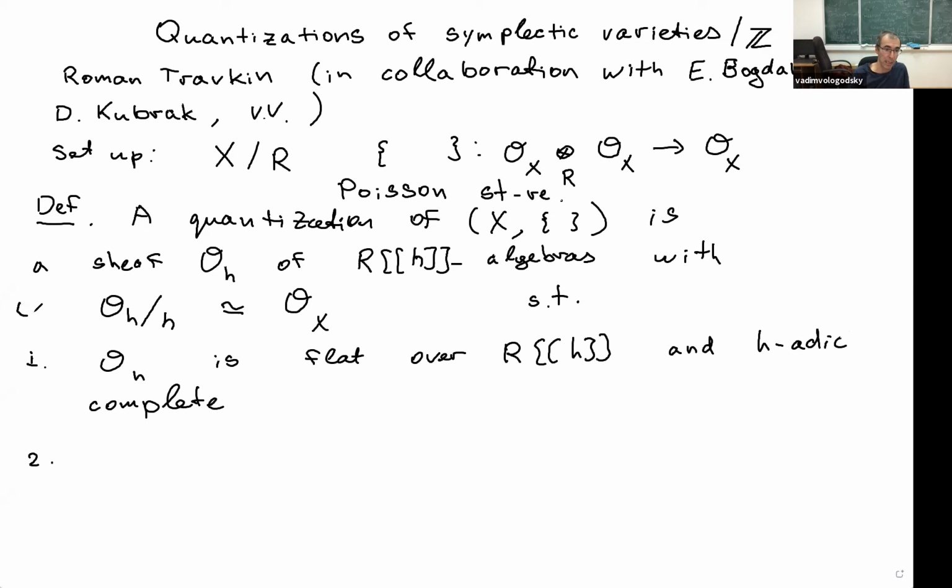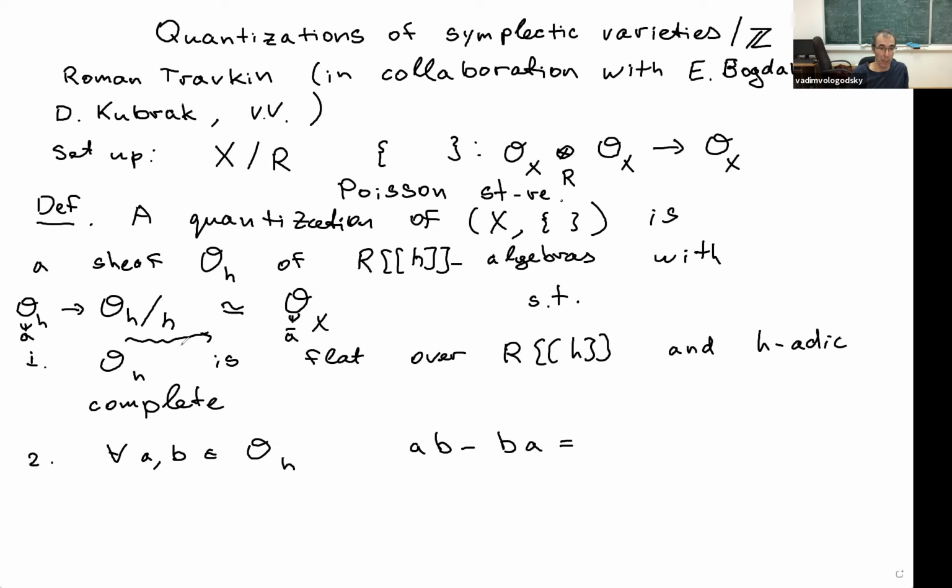So let's consider the composition. If I have an element a here, I will denote by a bar the corresponding function. And then the condition is that for any a and b in O_h, a times b minus b times a, the commutator in this associative algebra, must be 0 modulo h.